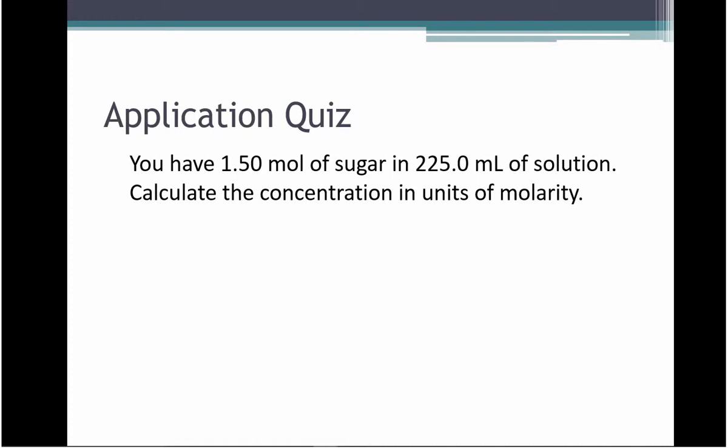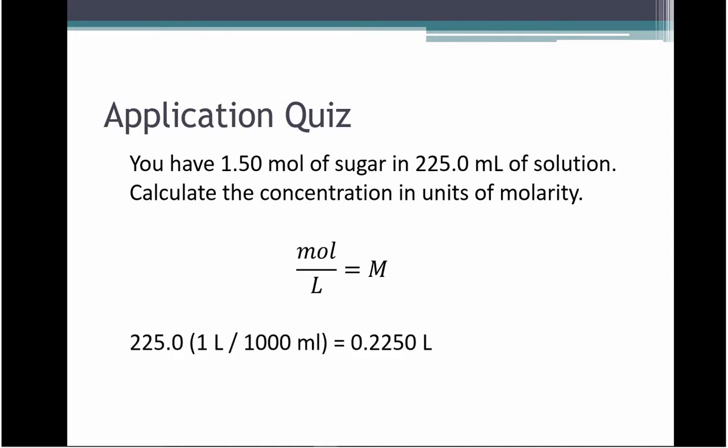Now, when we do this, we need to consider molarity is just moles of solute per liter of solution. And they actually do give us moles. So we need to actually go through and find the units of liters. Now, you're going to take that 225 and divide it by 1,000 milliliters in 1 liter, and you end up getting 0.225 liters.